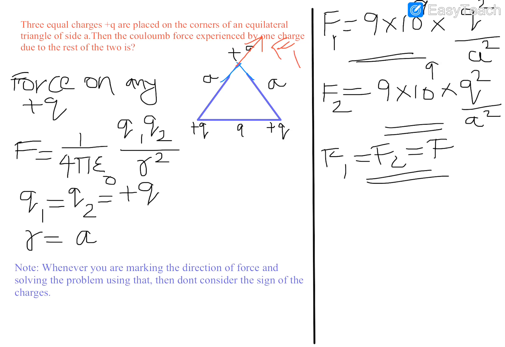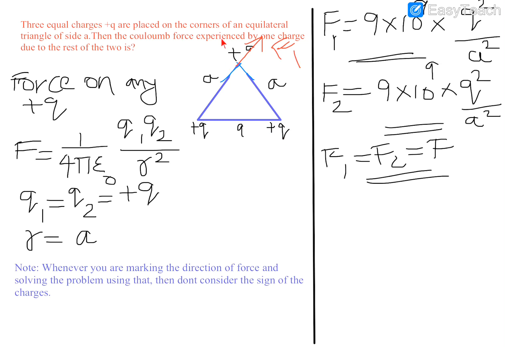Now what will be the second force? That is due to the second charge. Second charge means this charge is exerting a force on this charge. Okay, this is the line joining the two charges. So this force exerted by this charge on this charge will be along this line joining only. Okay, now both are positive charges.